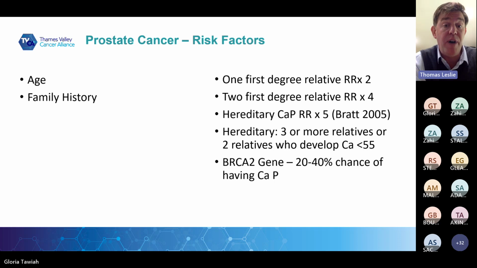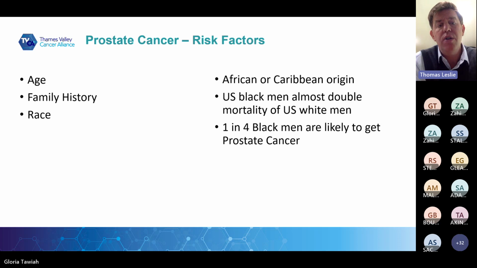And the BRCA2 gene in particular, there's a 20 to 40% chance that that man will have prostate cancer in his life. So we don't always know about the BRCA2 gene, but obviously if we're aware of that, that puts a person into a higher risk category for increased monitoring in terms of case finding.